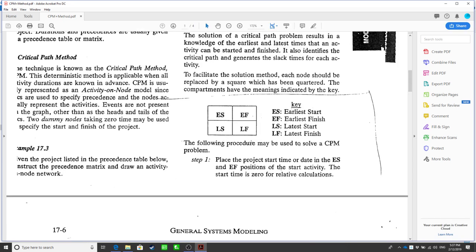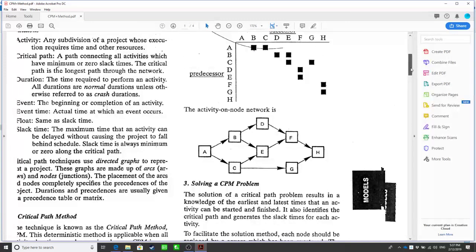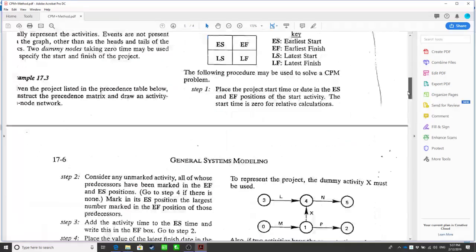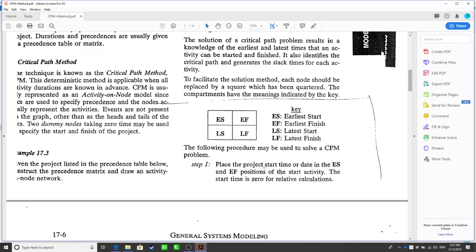So when we are creating this CPM for activities A, B, C, D, E, F, G, H, the first step is we place the project start time or date in the earliest start and earliest finish positions of the start activity. The start time is 0 for relative calculations. So this is the first step.